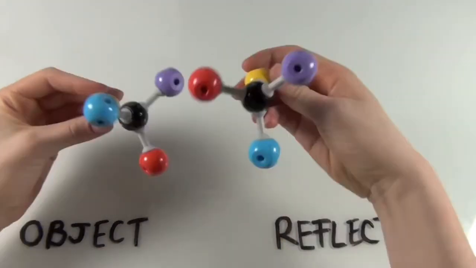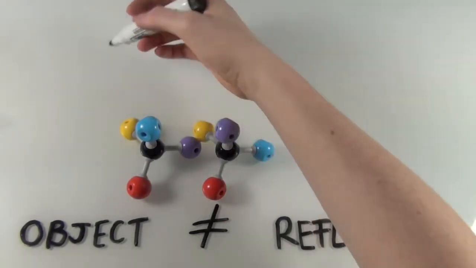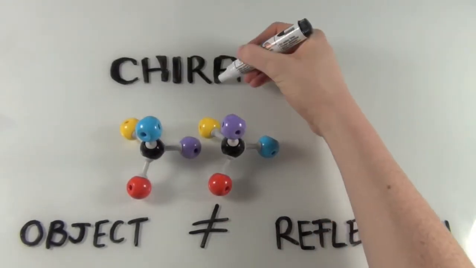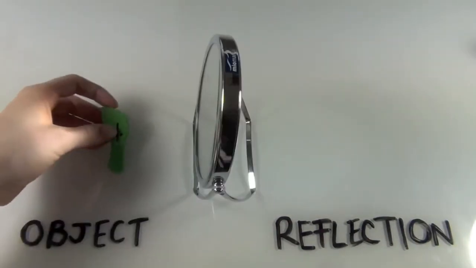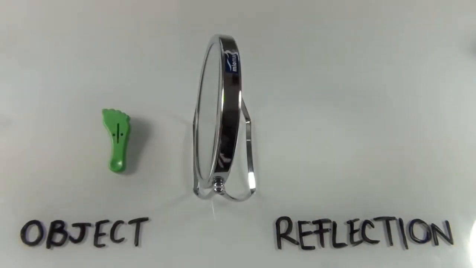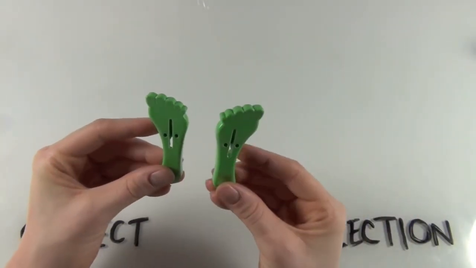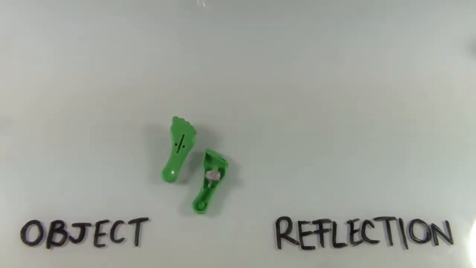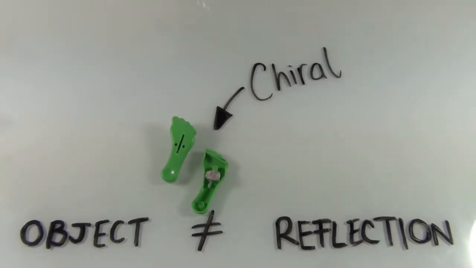In other words, the object is not identical to its reflection, and this is what chirality is all about, when the object is not identical to its reflection. So we have another object and its reflection, and there's no way that I can rotate the reflection so that those two objects are the same, so they are chiral objects.